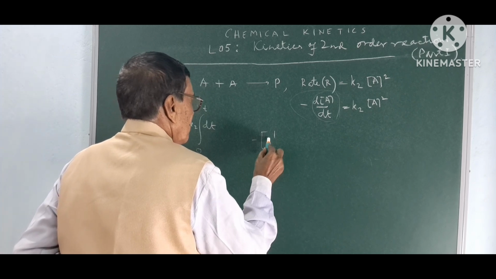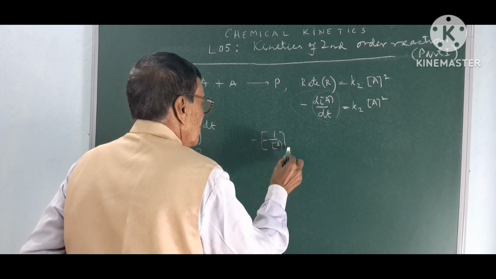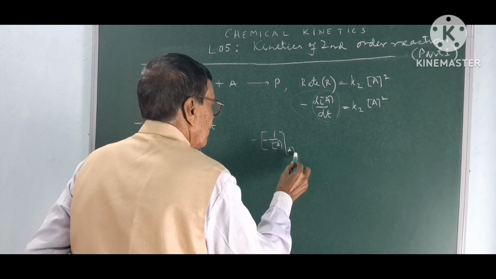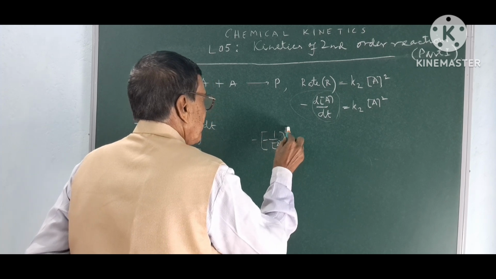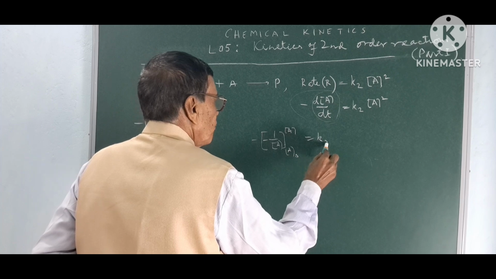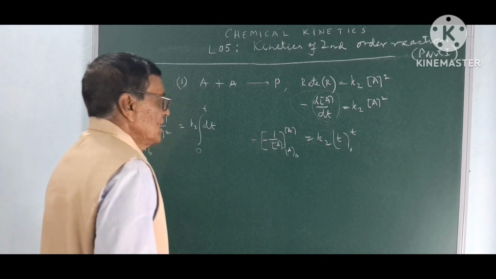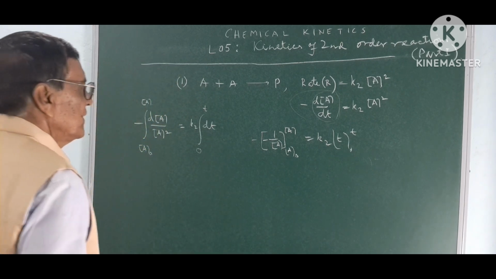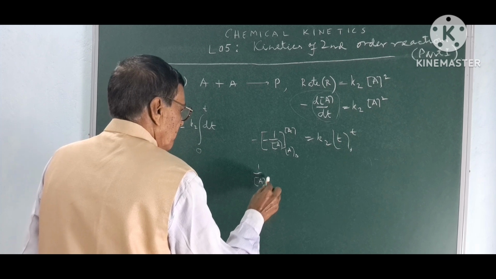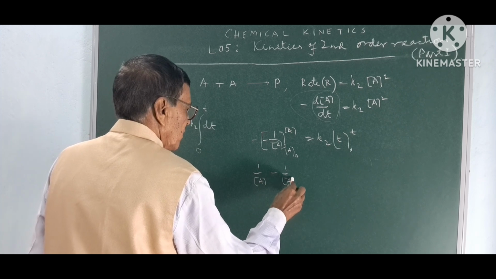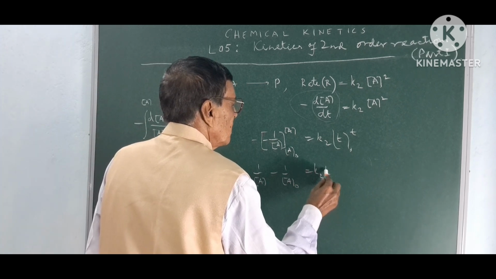minus 1 by A naught, and here concentration of A equal to K2 and here T, from 0 to T. So if we apply the limits, then it will be 1 by concentration of A minus 1 by concentration of A naught equal to K2T.